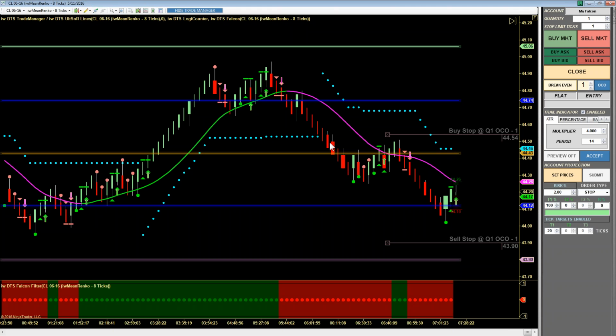The market trades through the blue dots, they flip over to the other side. So that's what will happen. If the market rallies, it will trade through the blue dots, the stop will flip down here somewhere, and then I'll get a stop strategy printing over here.